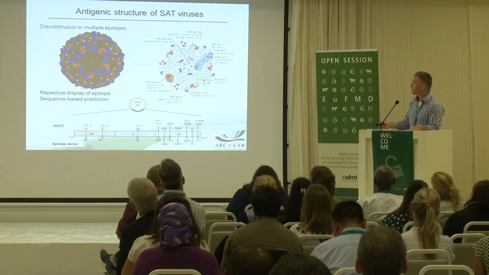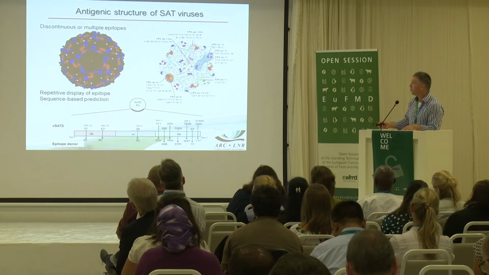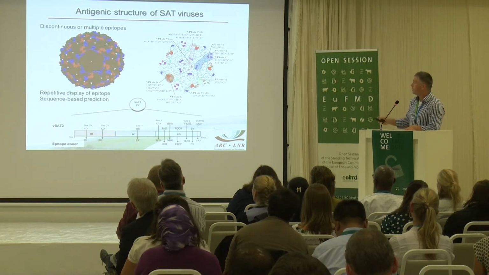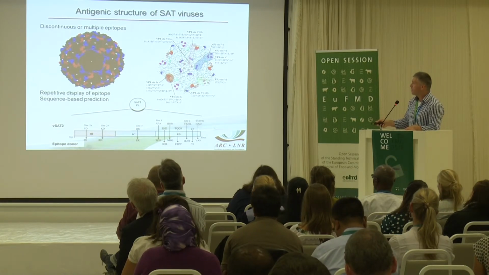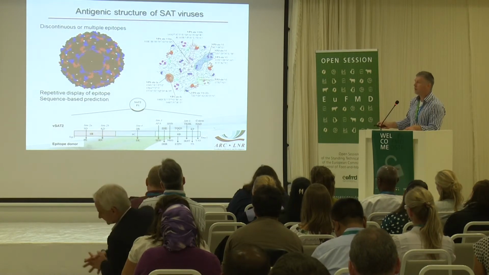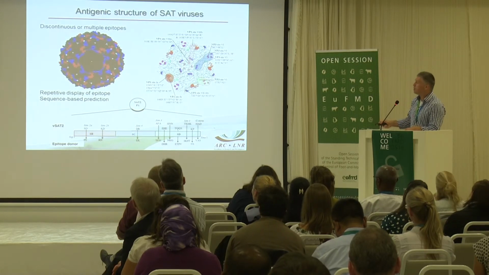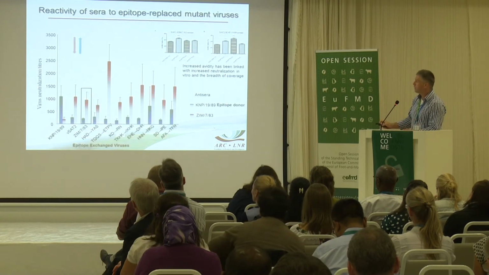Richard has presented in the past on that. We've also used single-chain variable fragments, which are very small monoclonal antibodies, to identify these regions. And we have made mutations in the SAT2 genome length clone, changing these antigenic sites or potential antigenic sites to that of a donor virus that was a little bit different.